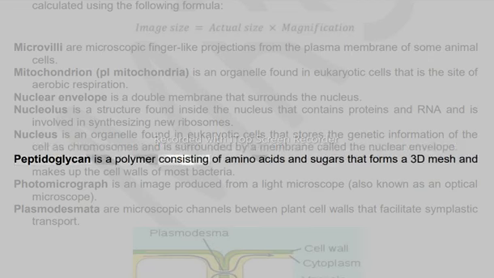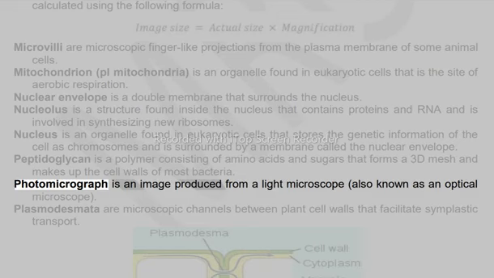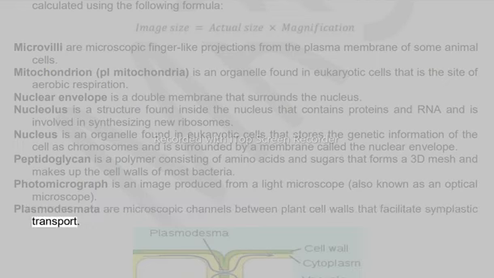Peptidoglycan is a polymer consisting of amino acids and sugars that forms a 3D mesh and makes up the cell walls of most bacteria. Photomicrograph is an image produced from a light microscope, also known as an optical microscope. Plasmodesmata are microscopic channels between plant cell walls that facilitate symplastic transport.